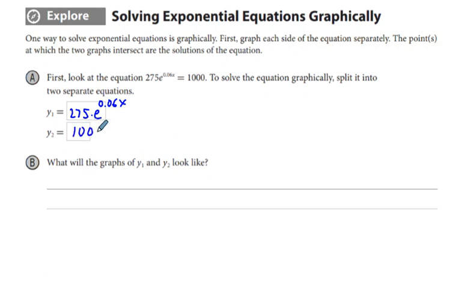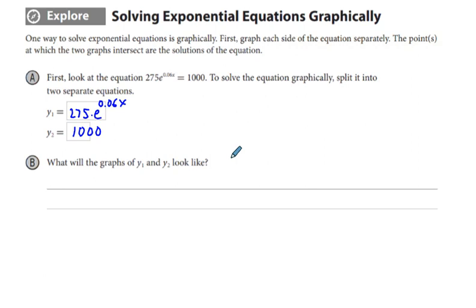Now, you may not realize this, but this is an actual interest rate problem. If you had $275, how long under continuous interest at a rate of 6% annually will it take to reach $1,000? And what will the graphs of y1 and y2 look like?